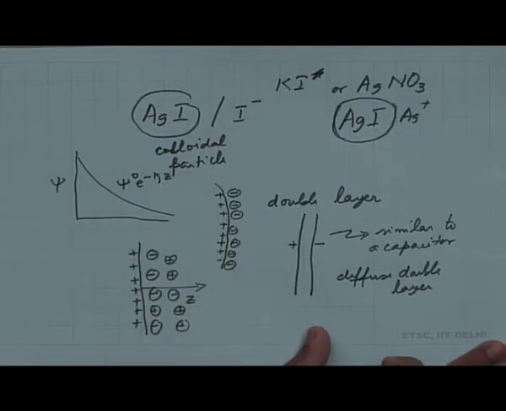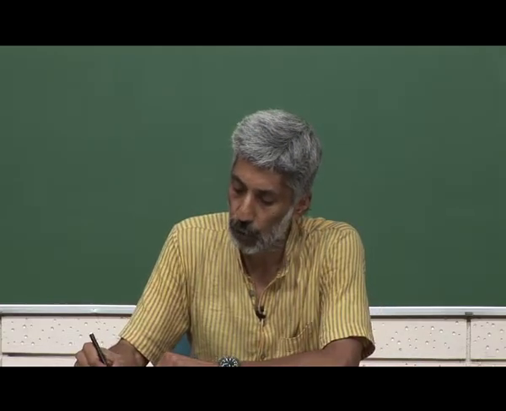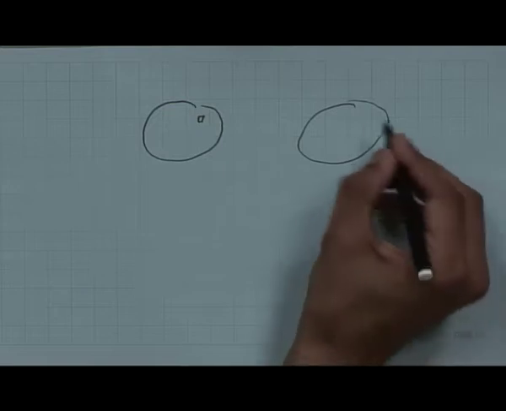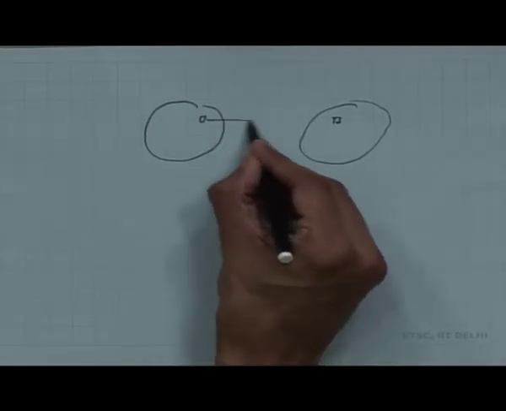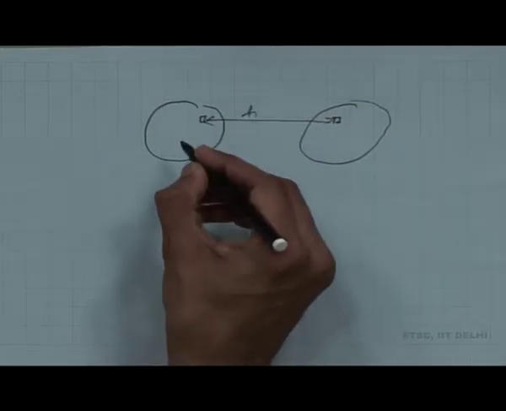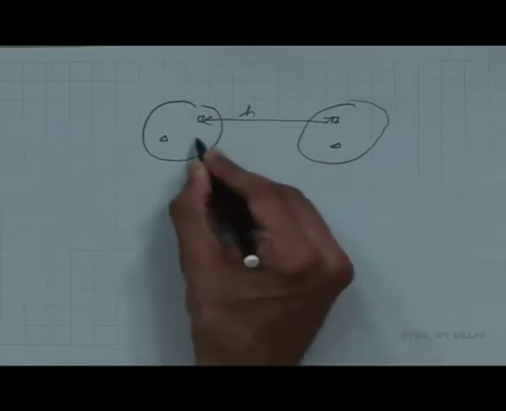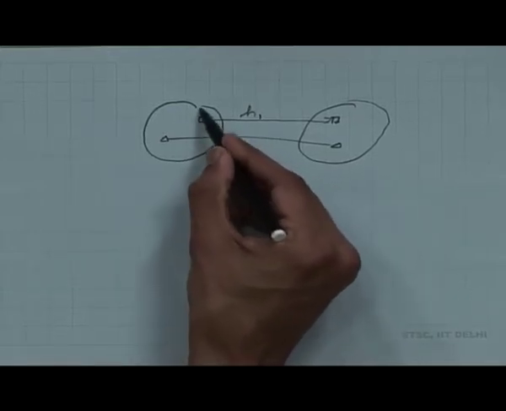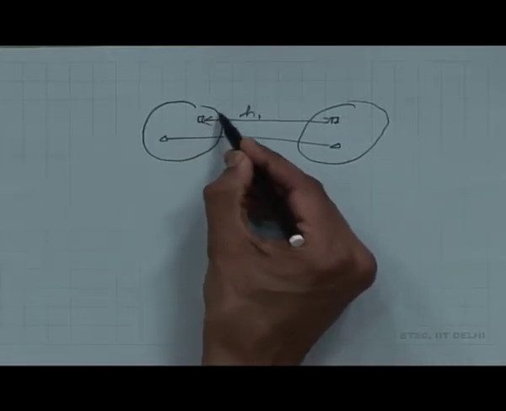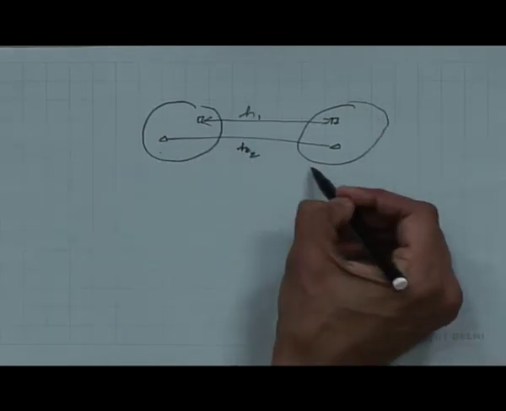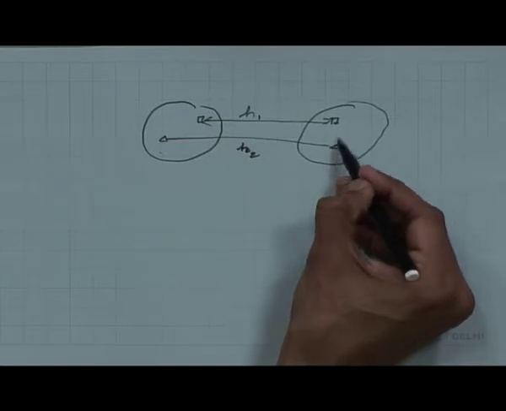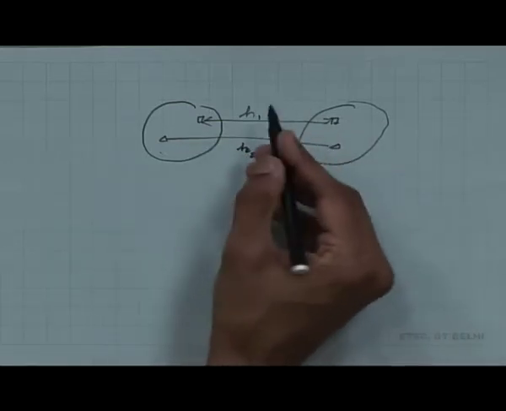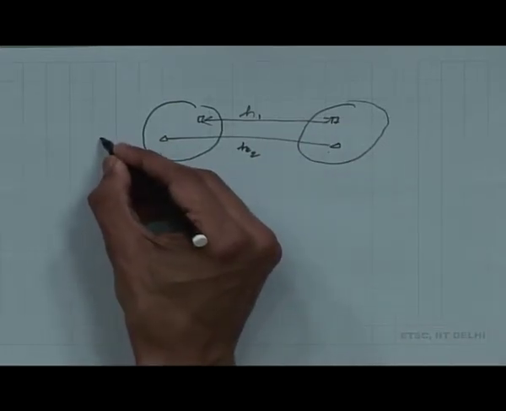So, if you looked at the consideration of what is the potential that exists in this case, I have two colloidal particles in general of arbitrary shape, and there is a charged species here interacting with this charged species here, call this distance h, and everywhere I have different charge species, and what I have to do is do a summation of all the possible electrostatic interactions of these charged objects on one colloidal particle with the interaction with the charged particles on the other colloidal particle, and that is exactly what I would need to do, and this would give me the attractive force.